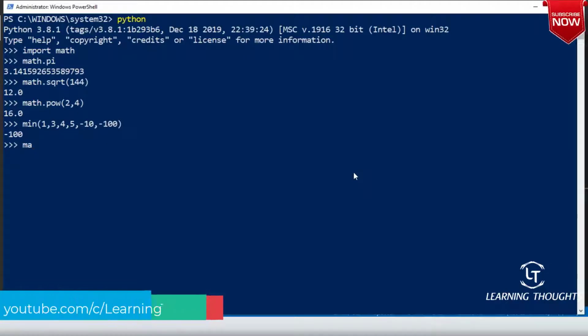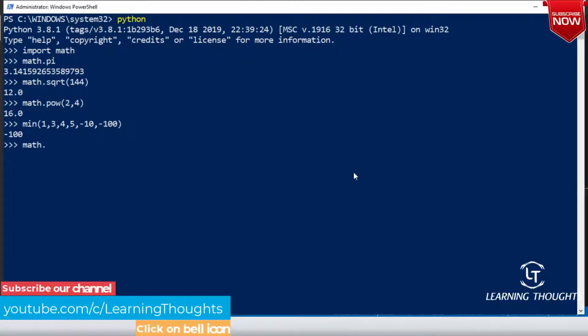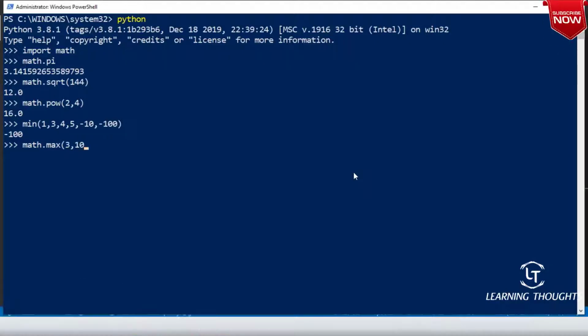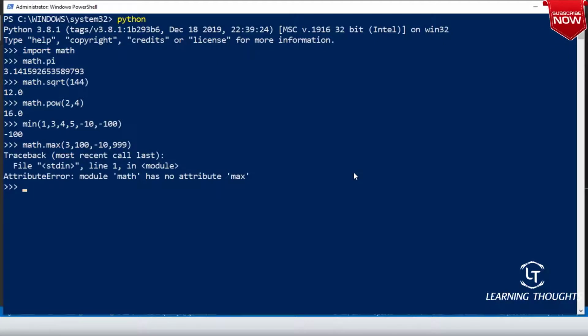Similarly, let me use math.min. Let me now use max of 3, 1000, 100, minus 10, 999. What is it I missed? I have to use max. Sorry, you're right. Are you seeing this? Suddenly we get some additional intelligences.